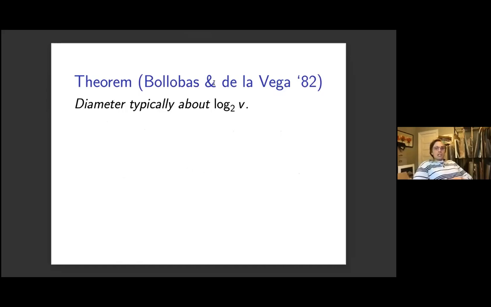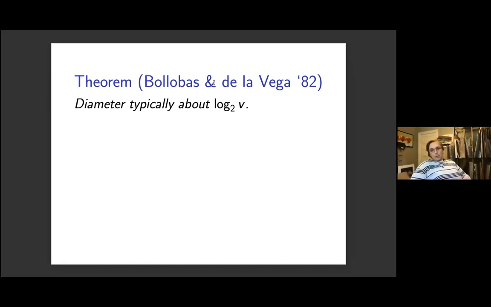So one of the easiest results to appreciate is that not only are these graphs connected, they actually have diameter that's logarithmic in the number of vertices or the number of edges. So this goes back at least to '82. The diameter is typically about log base 2 of the number of vertices. And already that gives you an inkling that the linear picture of the surface we have might be non-generic, because that had linear diameter.